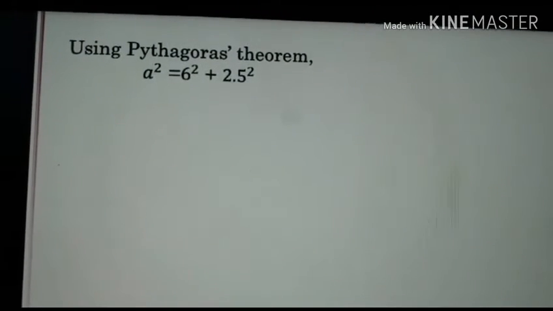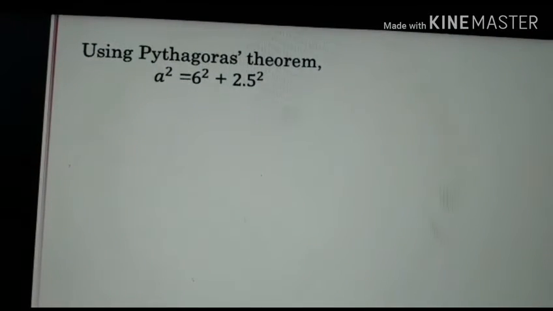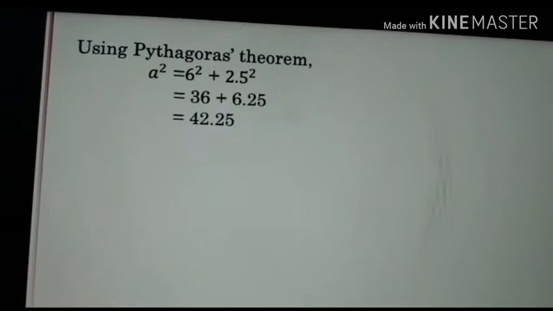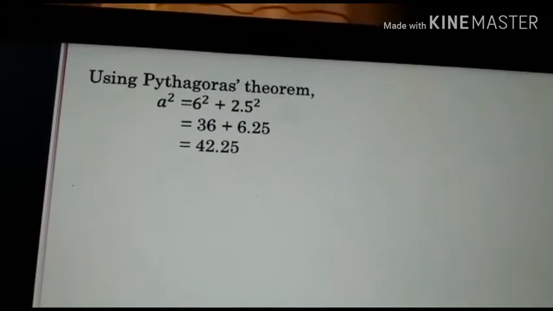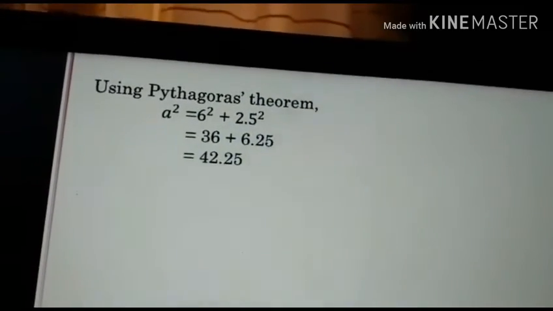The square of 6, you know, is 36 and 2.5 square is 6.25. The sum is 42.25. So we get A square equals 42.25.